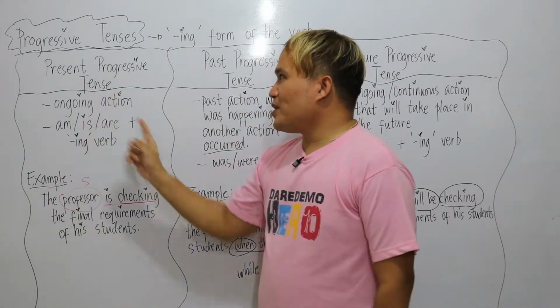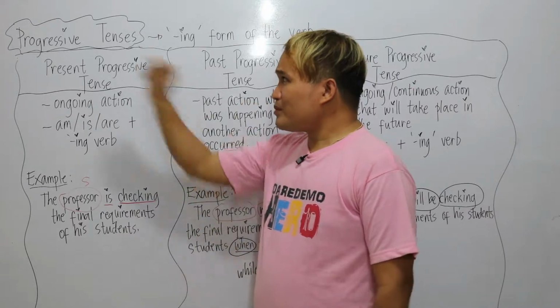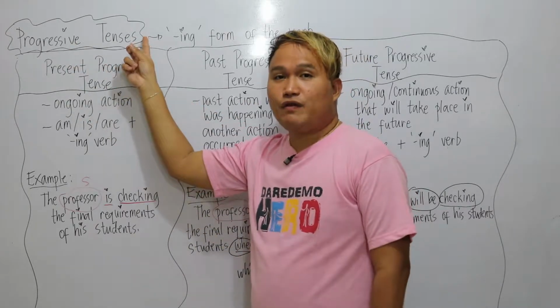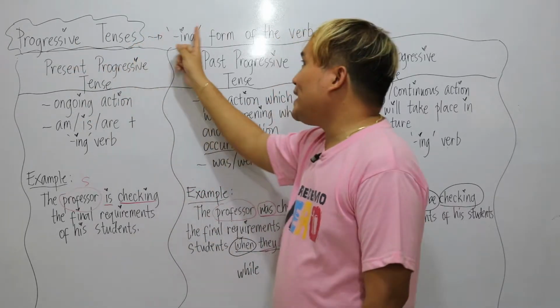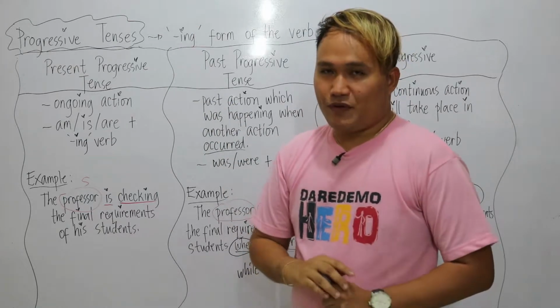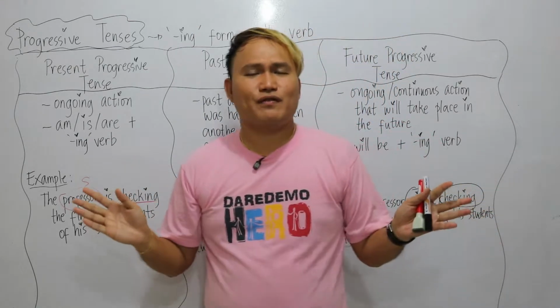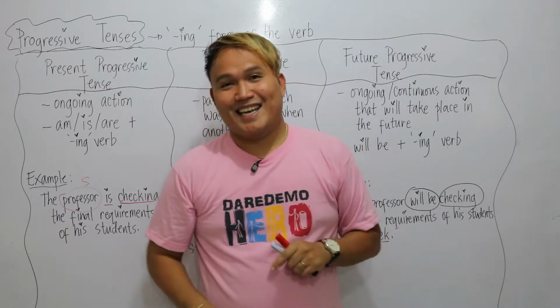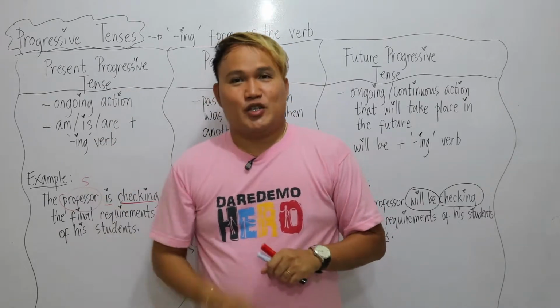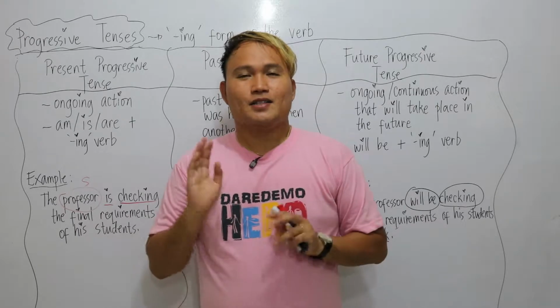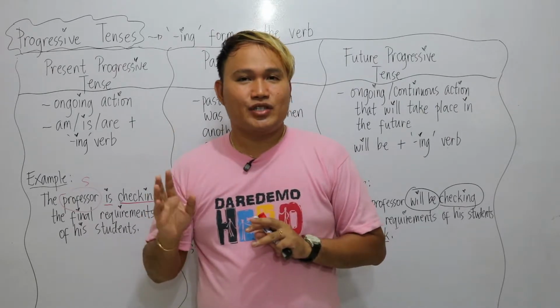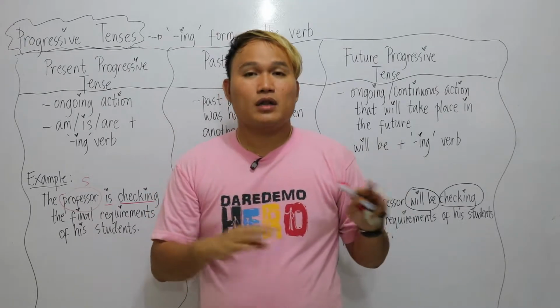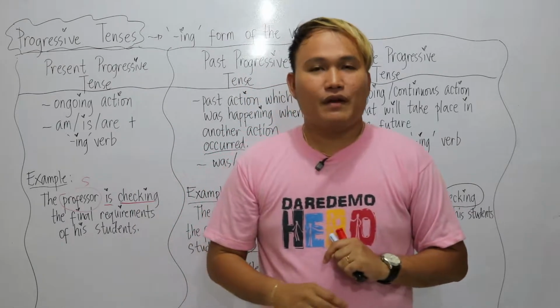And for progressive tense, the form of the verb should be the ing form of the verb. What are the ing form of the verbs? We have talking, smiling, writing, singing. So long as that verb ends in ing, those are what we call ing form of the verb.